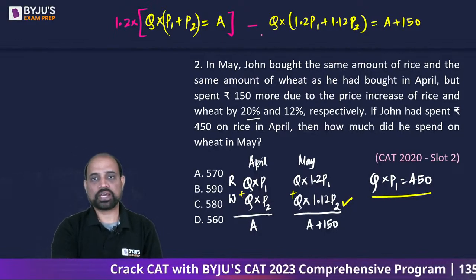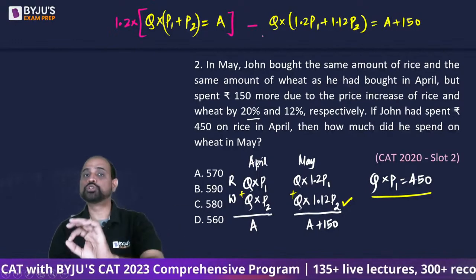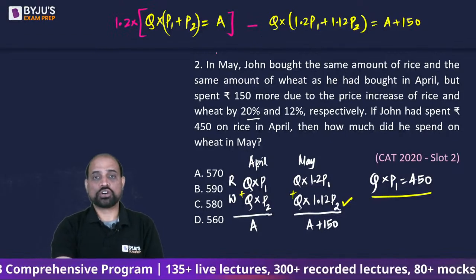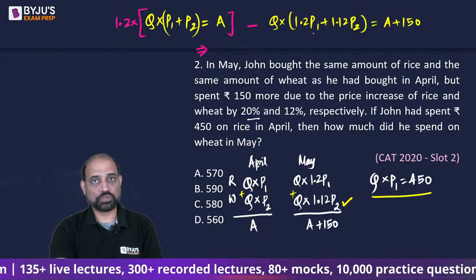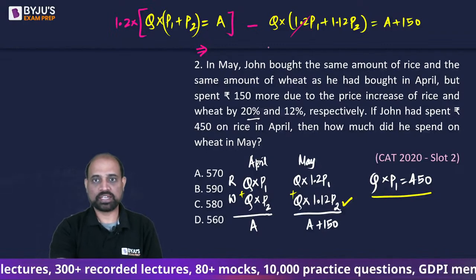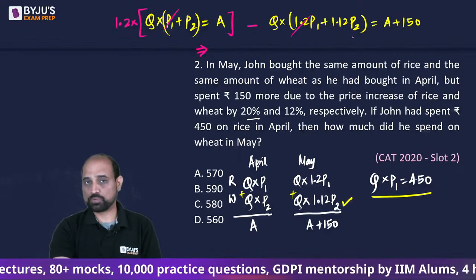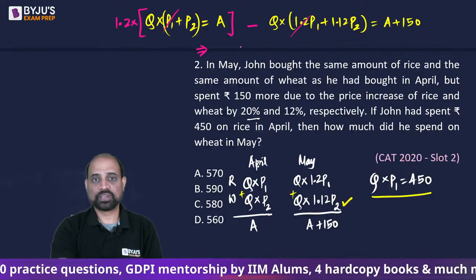And if I subtract, what you will realize is Q times 1.2 P1 will cancel out, right? So if we subtract, we will have 1.2 times Q into P1, so it goes away.